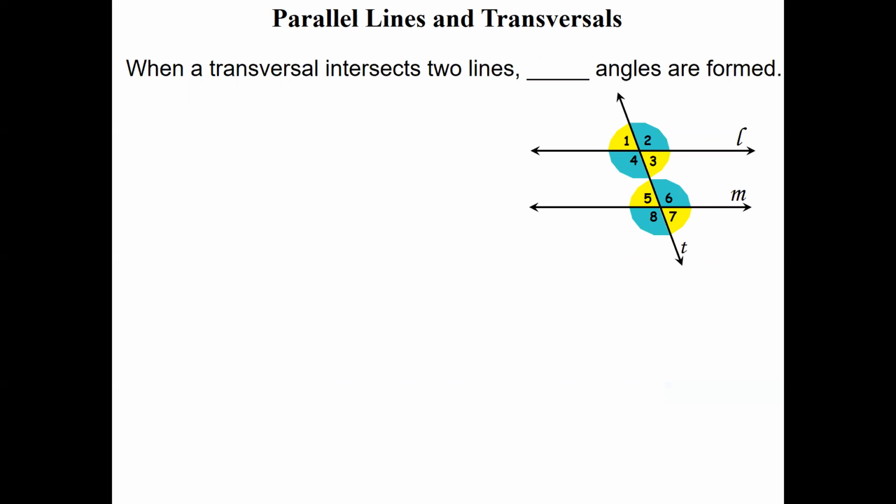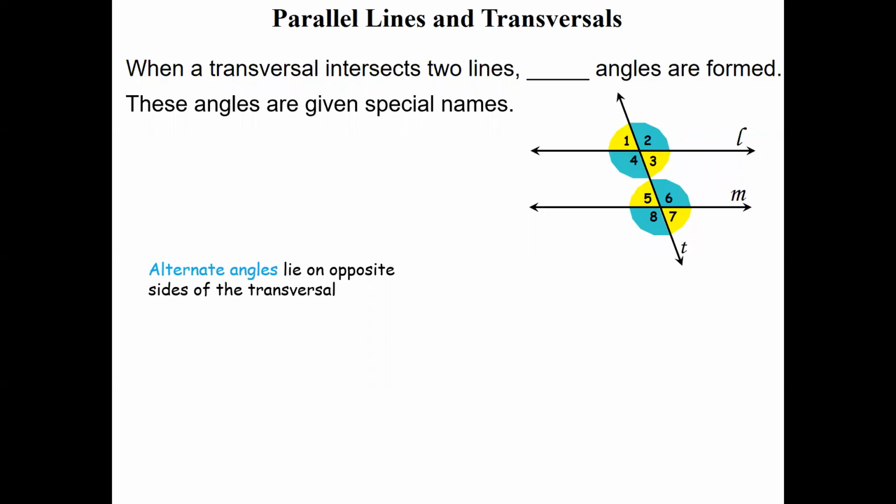When a transversal intersects two lines, 8 angles are formed. So in that blank, you need 8. These angles are given special names, and we're going to work through those. Alternate angles lie on opposite sides of a transversal.